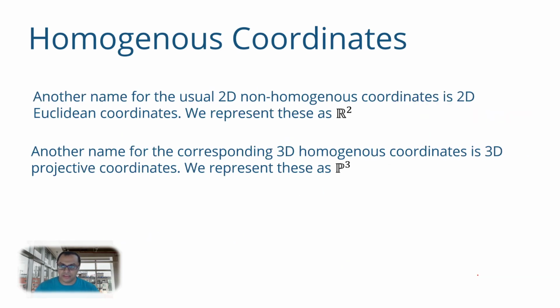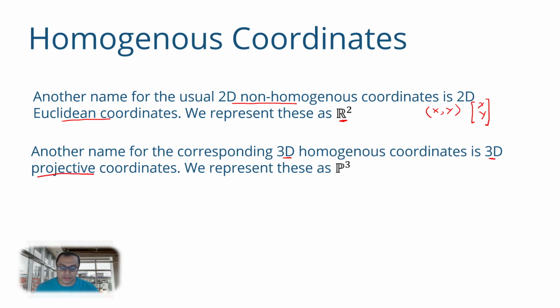Okay, so just a short note on nomenclature. We have been talking about Euclidean coordinates, which are our normal 2D non-homogeneous coordinates, right? These are represented as a tuple xy, or as we have been writing them, as a column vector xy. Okay, we represent the set of these coordinates as R2, right? And the corresponding homogeneous coordinates are no longer 2D, they are 3D, and they are also known as 3D projective coordinates.